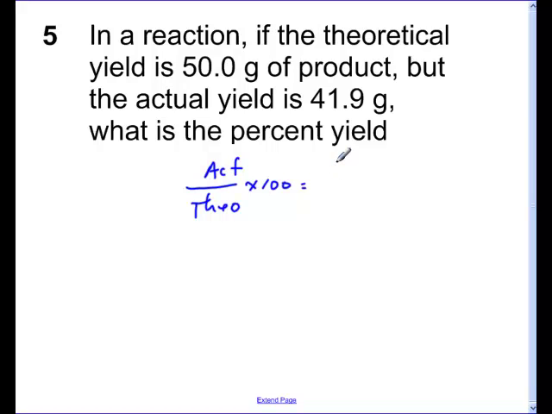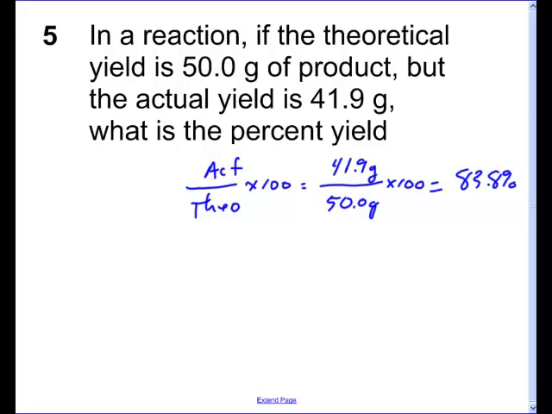The actual in this case is 41.9 grams. Notice it is the smaller number of the two. Divided by 50.0 grams times 100. And when you get that, we get 83.8%. All right? Hopefully that makes sense.